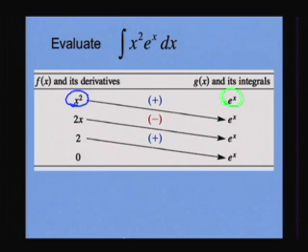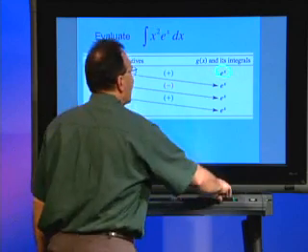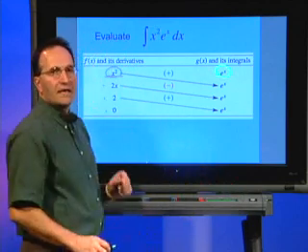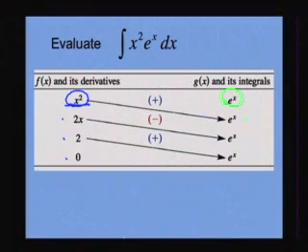So we have x squared goes to 2x to 2 and down to 0. On the right-hand side, we integrate the e to the x. In other words, the integral of e to the x is e to the x, and again e to the x, and again e to the x.